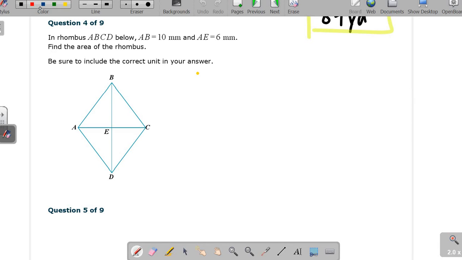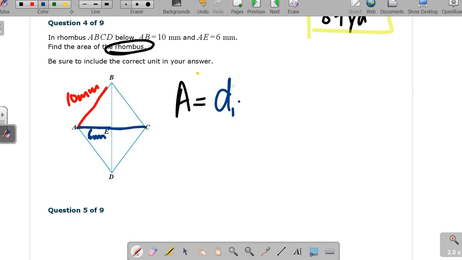In the rhombus below, A to B is 10 millimeters. A to E is 6 millimeters. Find the area of the rhombus. Area of the rhombus is going to be one diagonal times the other diagonal over 2.